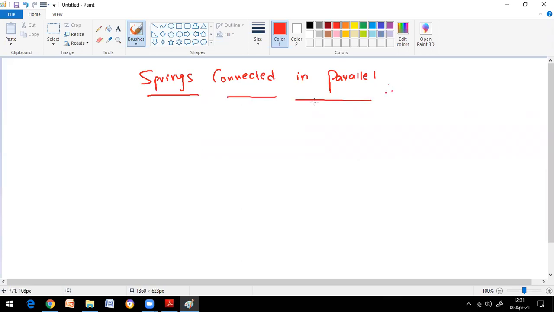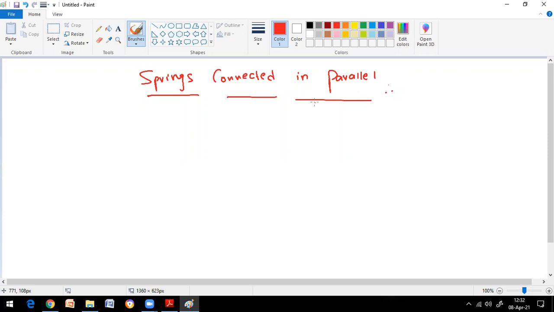After this I will give a differentiation of which connection gives the springs more stiffness. Based on that, they will choose whether they want to connect the springs either in series or in parallel. It all depends on the stiffness of the springs, and also on the application of the particular springs.